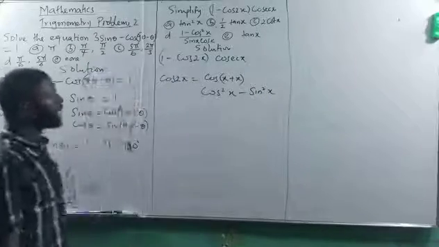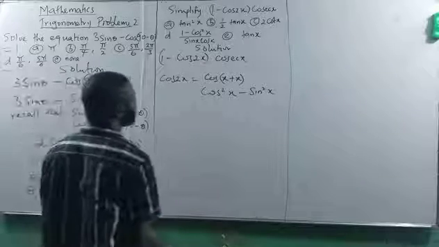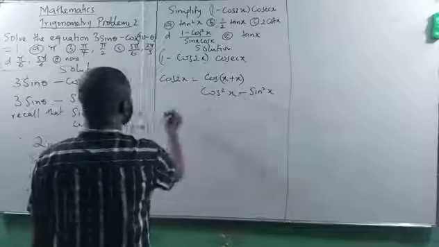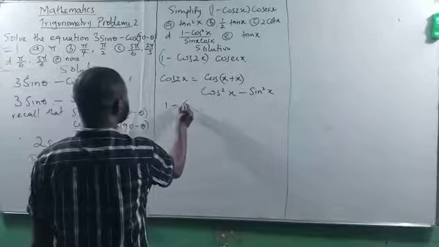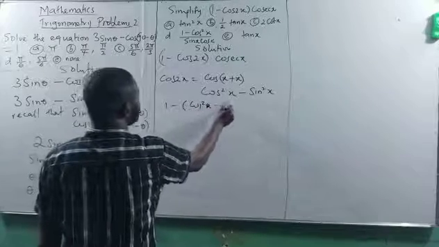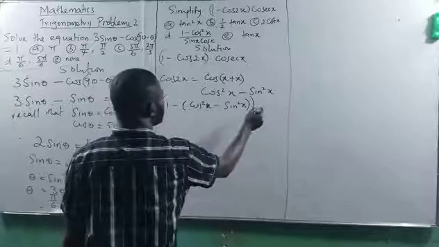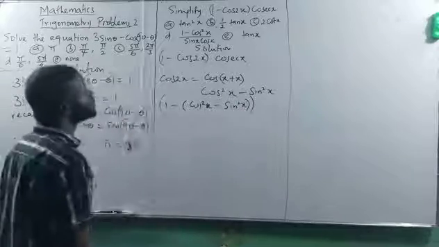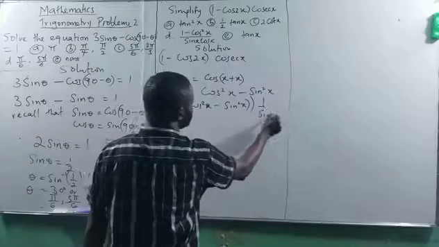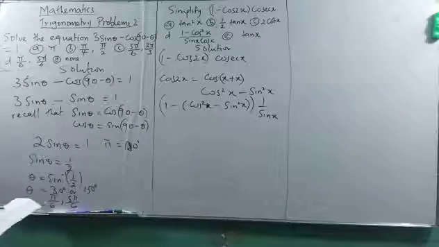Now, once I have this, I can say that 1 minus bracket of cos square x minus sine square x, bracket of, and you all know that cosec is 1 all over sine x.